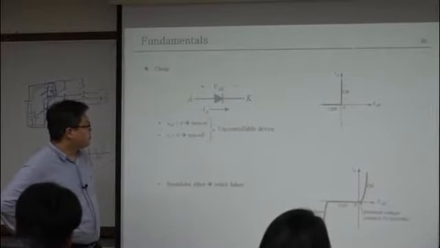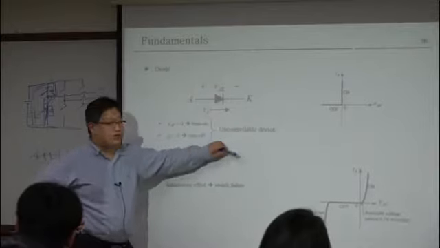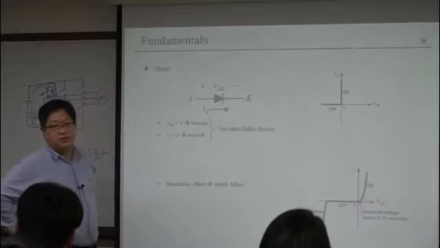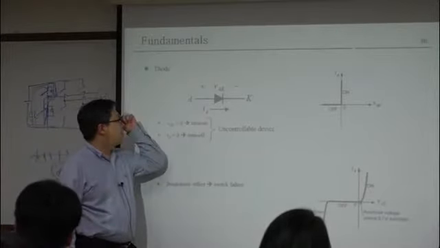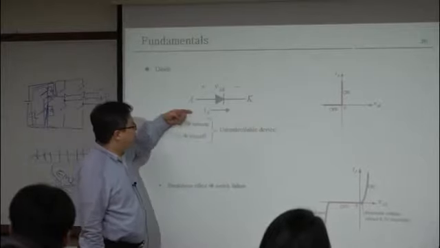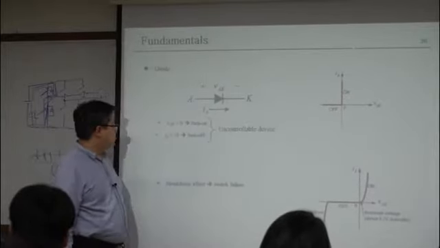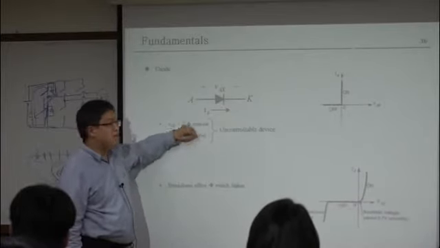Okay. Since the diode is an uncontrollable device, your turn on and turn off is determined by this condition. So if your anode voltage is larger than K, then you can flow the current. And if your I_A, the current, is less than 0, then it just turns off.